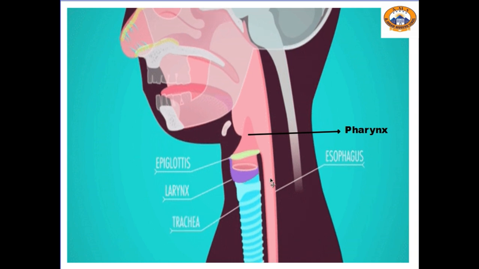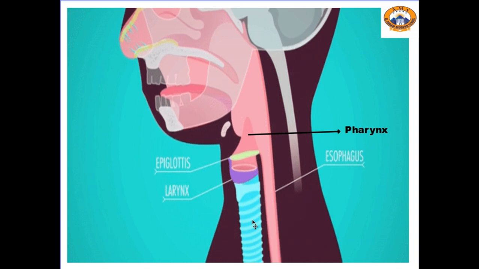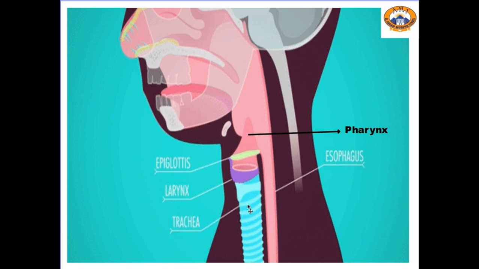The question is, why when we eat food, does the food pass through the esophagus and not fall down through the trachea? Do you know what will happen if the food gets into the trachea? You will suffocate. The pathway of the air will be blocked.